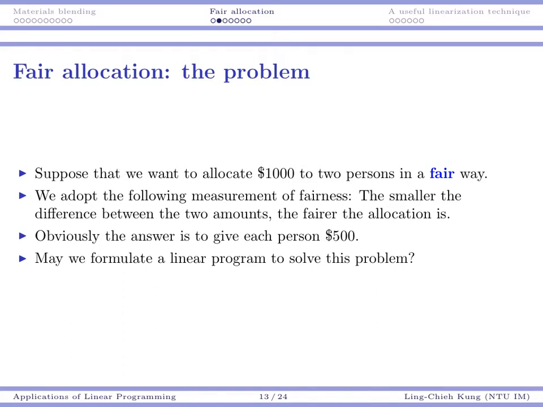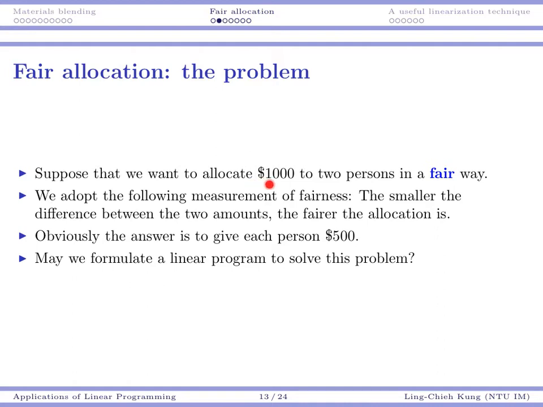And for different items, there may be a different way of measuring fairness. So let's still focus on this very basic problem to see how we may formulate a linear program to achieve fairness in this allocation problem.